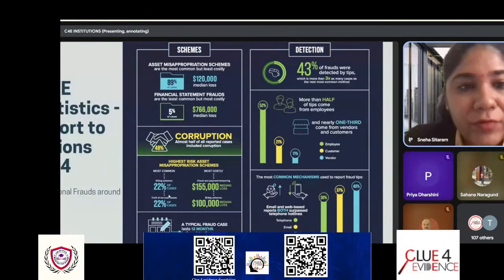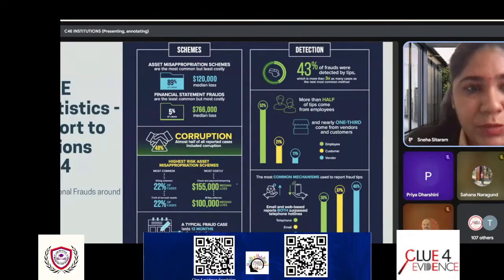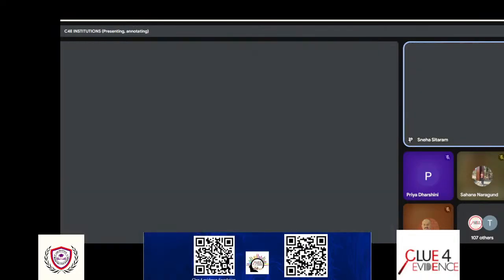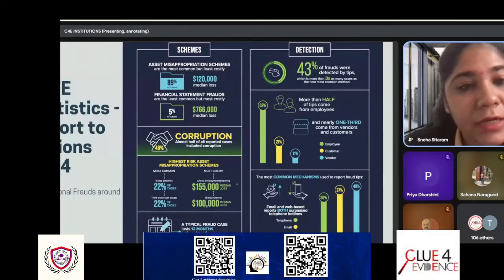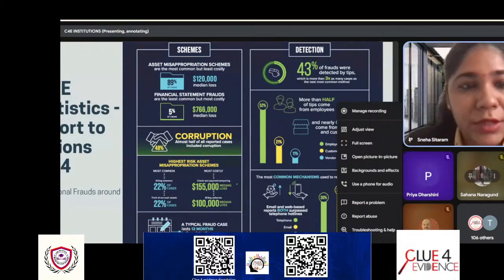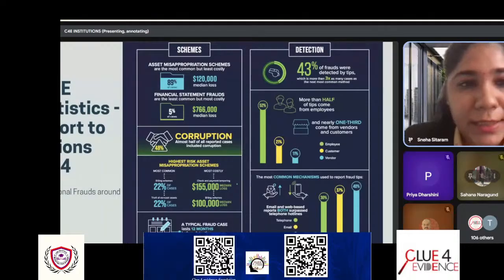Employees from various levels are there in an organization, and employees at the operational level are more likely to misuse assets, meaning cash, inventory, and any other assets. They try reimbursement frauds or excess billing. All these kinds of frauds fall under asset misappropriation.